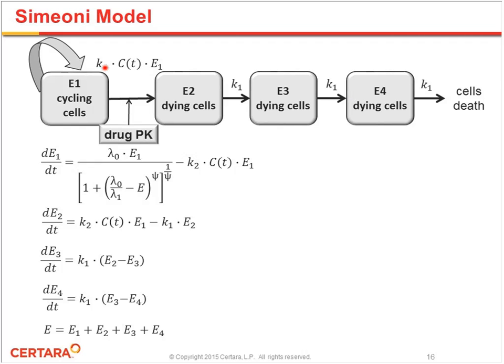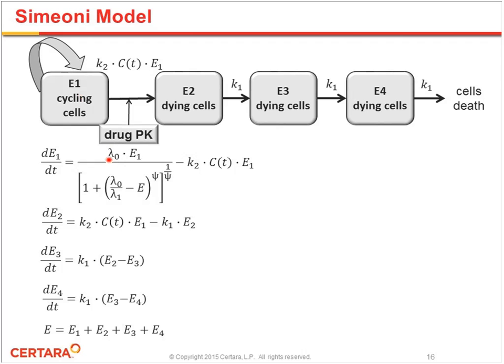So this is the equation. It's a proportionality factor K2 times the concentration times the population in E1 of the cycling cells. Another assumption of the Simeoni model is that there are 2 growth phases. Initially, there's an exponential growth phase, expressed with the parameter lambda 0. You see lambda 0 times E1.